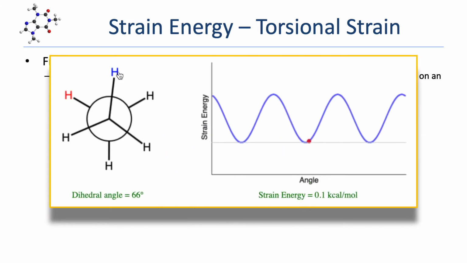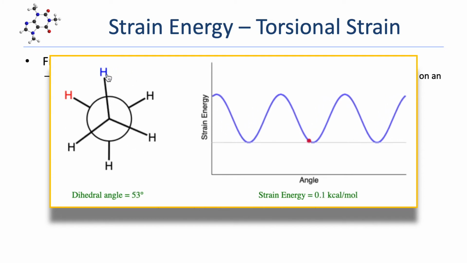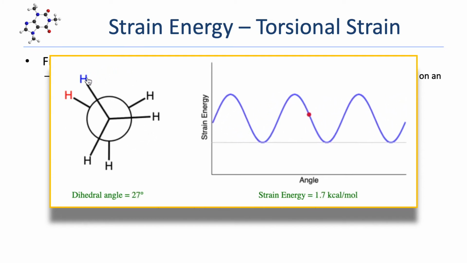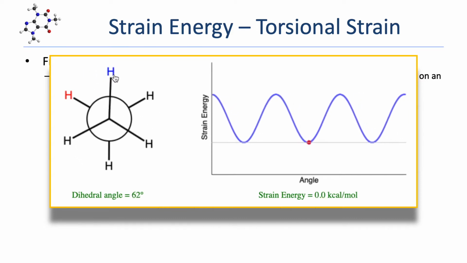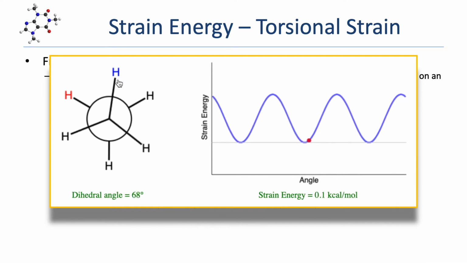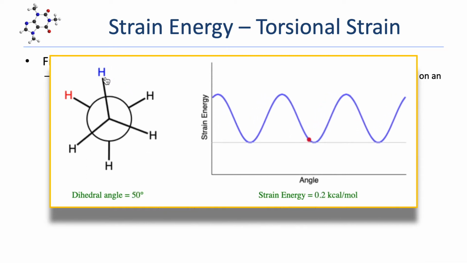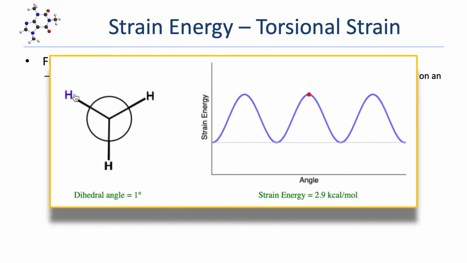So as I rotate this front atom, you can see that the three bonds, and remember bonds are pairs of electrons, the three bonds on the front will get closer and then farther and then closer and then farther away from the bonds on the back. As the electron pairs get closer, well, they're going to repel one another like charges repel, and that's torsional strain.